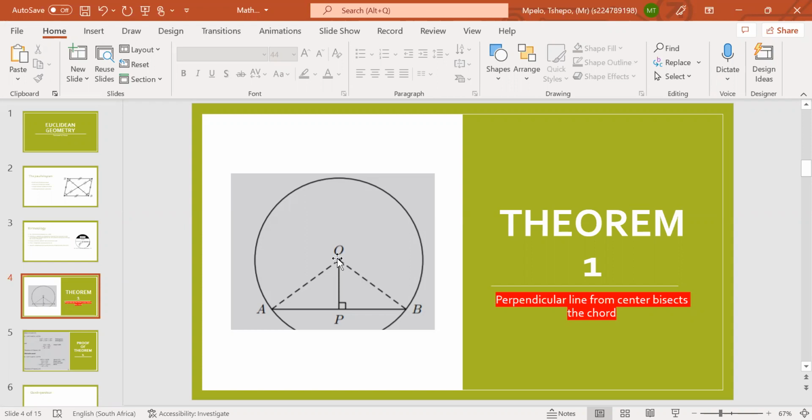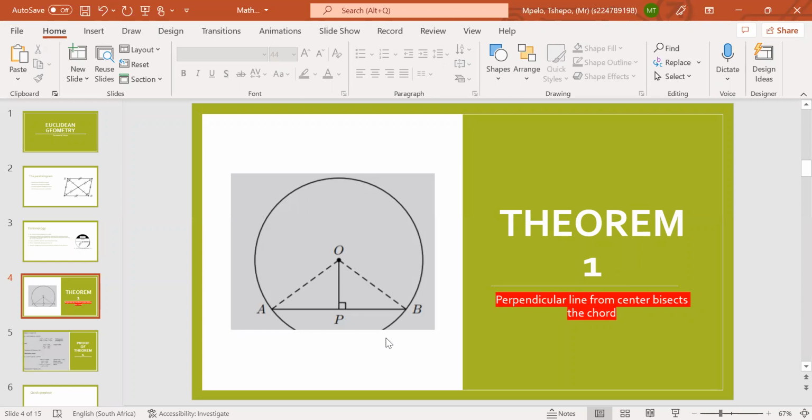AB, line AB. Yeah, perfect. Now, AB is your chord, and the perpendicular line, meaning the line that is perpendicular to this chord, coming from the center, will bisect this chord.